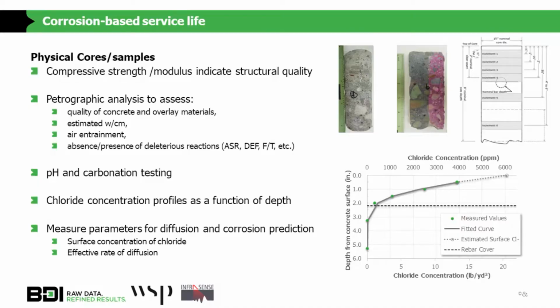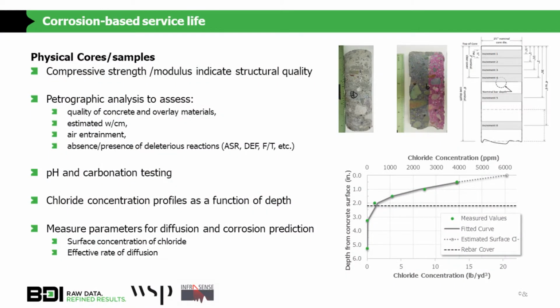We did petrographic analysis to screen for the overall quality of the materials, understand some of the parameters of the concrete, what's the approximate water-cement ratio, what kind of an air entrainment system do we have in place. More importantly, do we have any indications of other forms of degradation besides chloride ingress that might contribute to deterioration? So we want to screen for those things because if they exist, of course, our strategy would be adjusted accordingly.